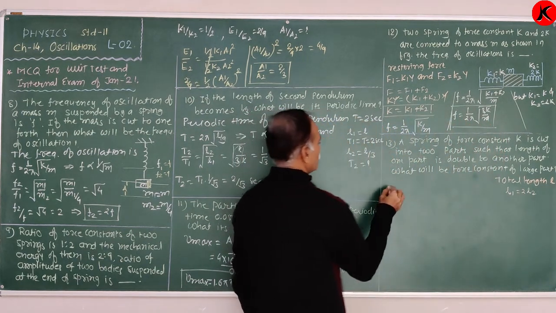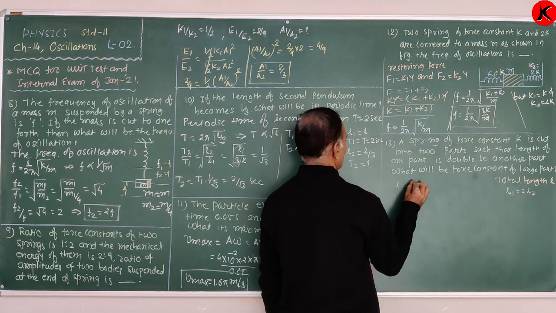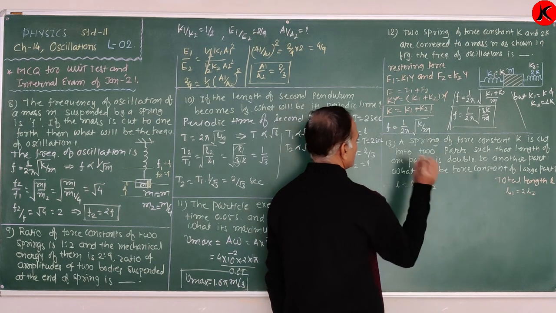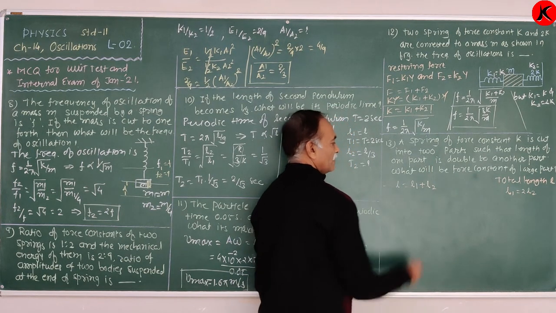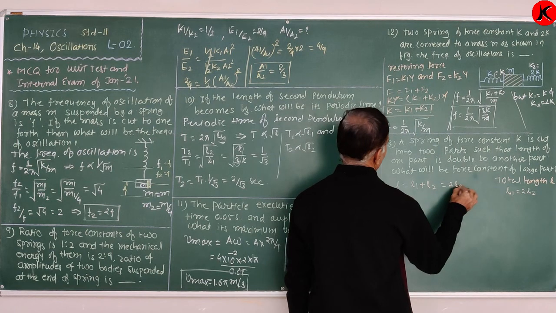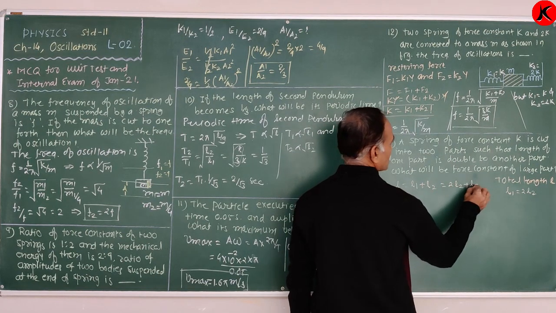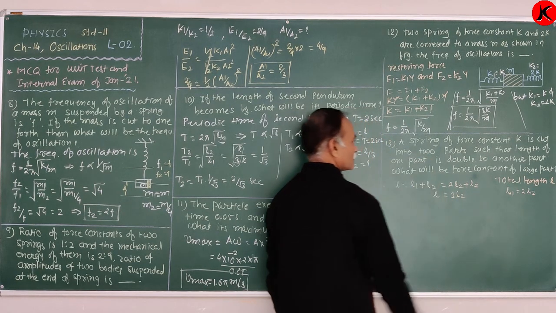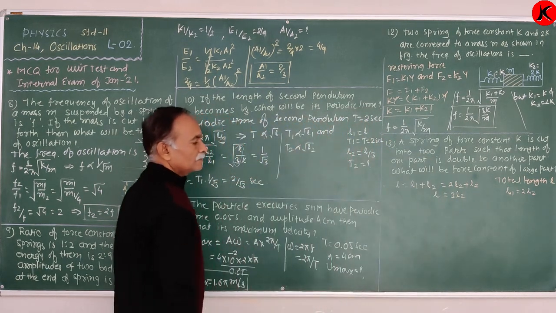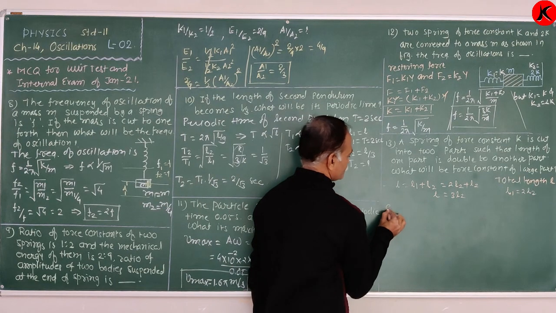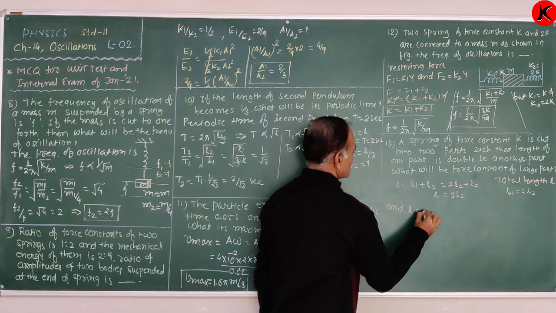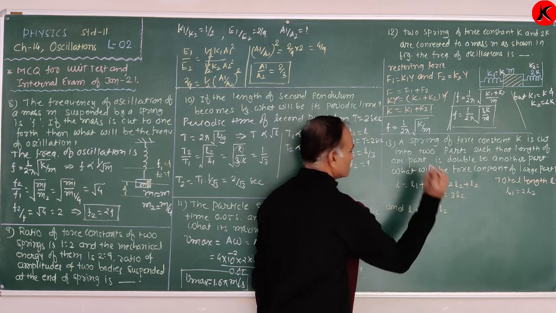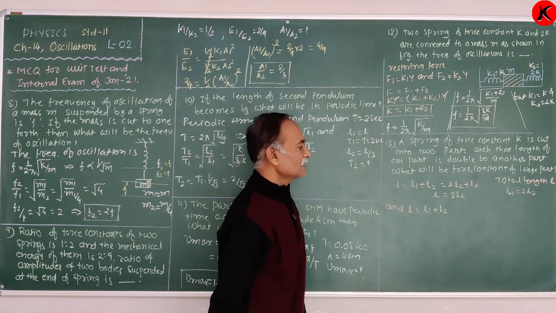Therefore, total length L is equal to L1 plus L2. But L1 is equal to 2L2, so 2L2 plus L2, therefore L is equal to 3L2.